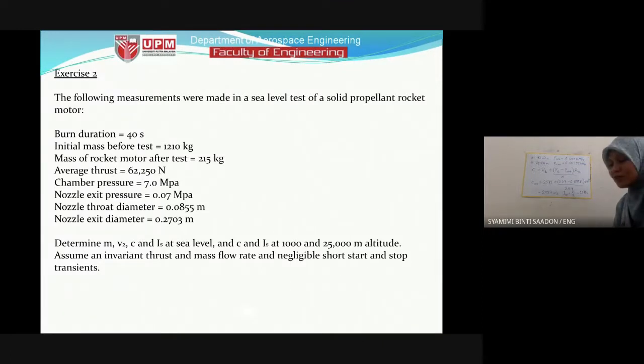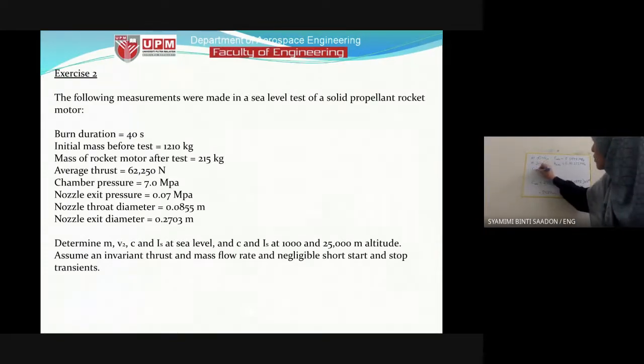It means the duration that the rocket can last, with the velocity 2,500, etc. Okay, next, the same calculation, I will just give the answer. The same calculation for altitude 25,000 with ambient pressure 0.00255. So we have C at 25,000, using the same method.